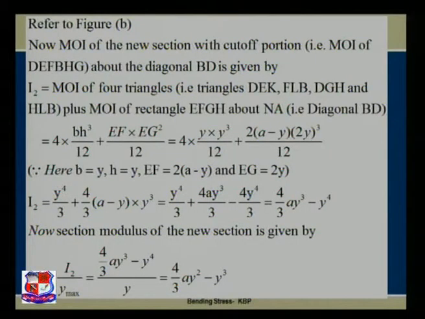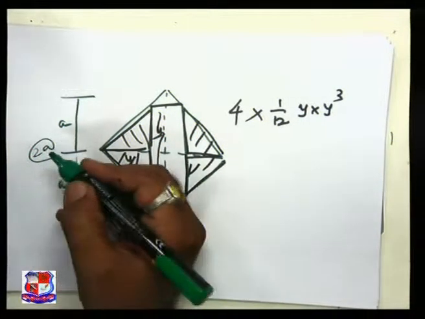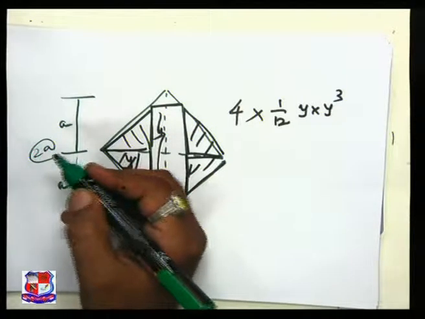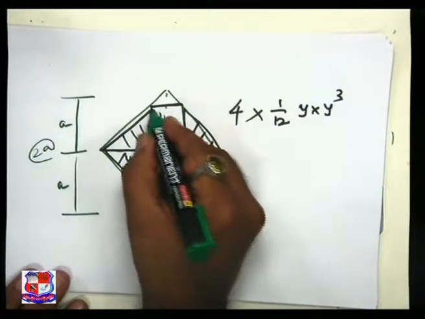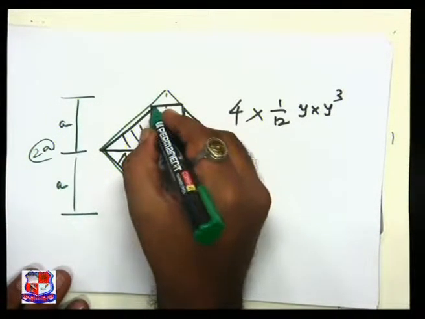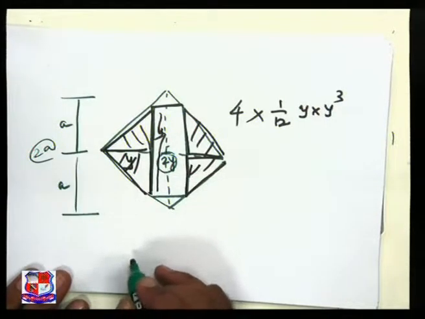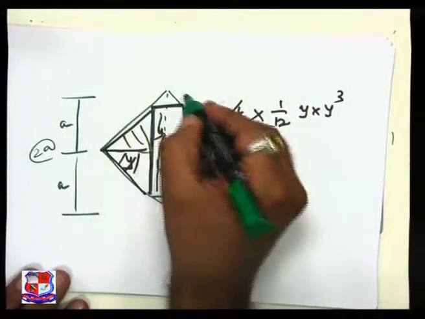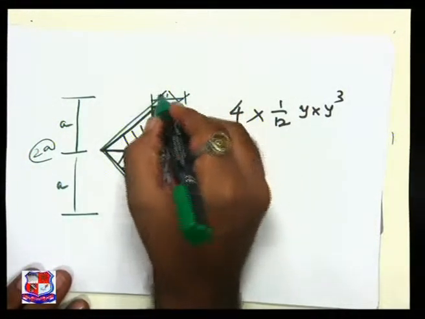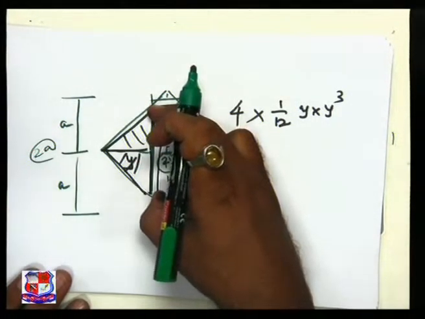On this tabletop, this value is 2a, this value is 2a. Now this value is 2y. So I am interested in this part. What is this part and what is this part? So we got this value as 2y.